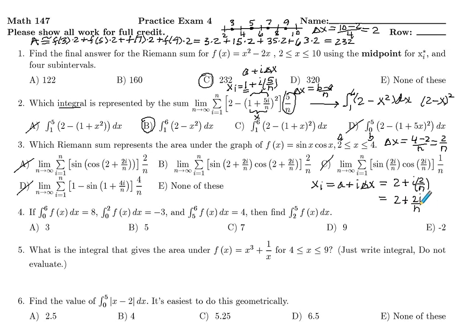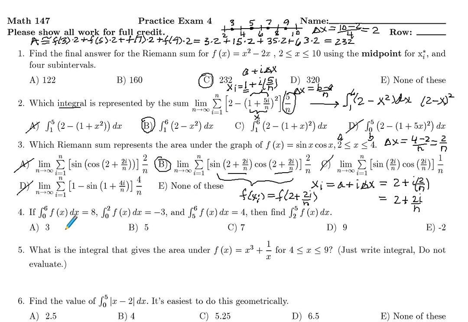So this quantity, 2 plus 2i over n, that's going to get plugged in here for x, and then also here for x. And in fact, that's exactly what they did here. There's your xi, there's your xi, 2i over n. So this quantity here is f plug in x of i, or f plug in the 2 plus 2i over n. So that does indeed match up. So this is B.